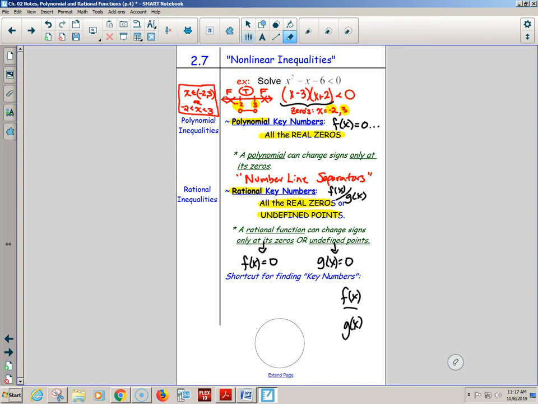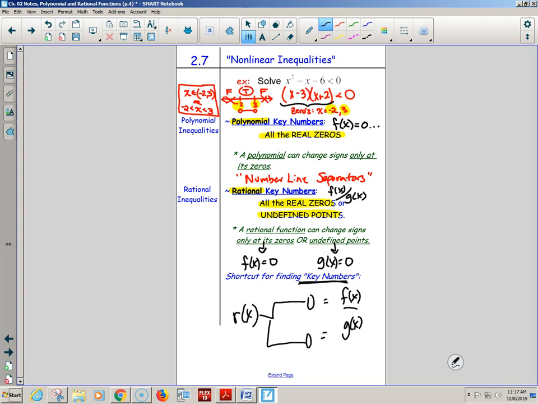If you have a rational function with a numerator and denominator, for key numbers, the little shortcut I think about is set his top equal to 0 and set his bottom equal to 0. I know it's silly, but it's something that we use in calculus a lot.